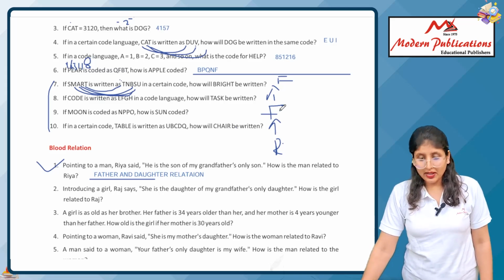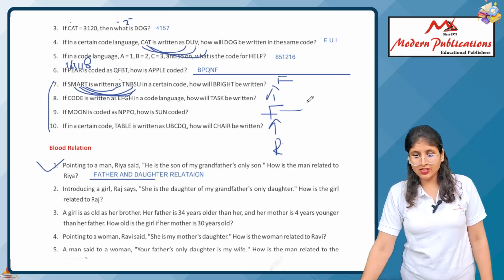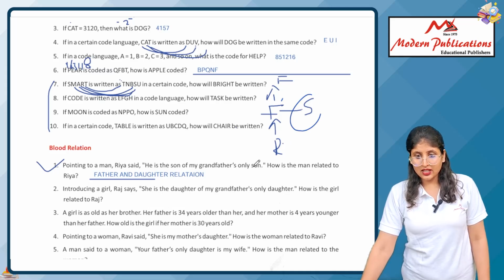Grandfather's only daughter means my father's sister. Father's sister. So can you tell me how the girl is related to Raj? I don't know how to write it properly here, so I will try it.